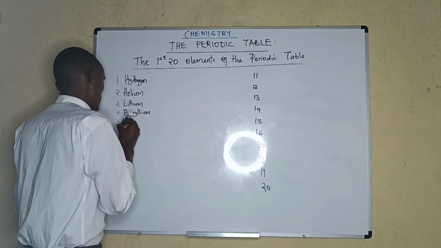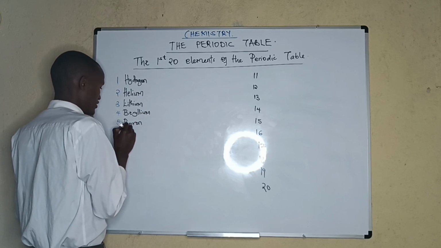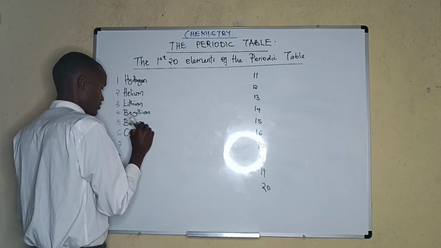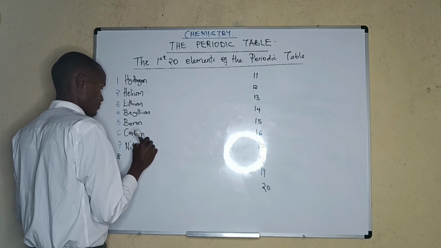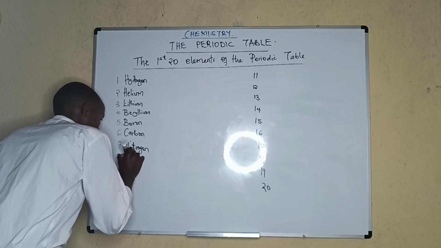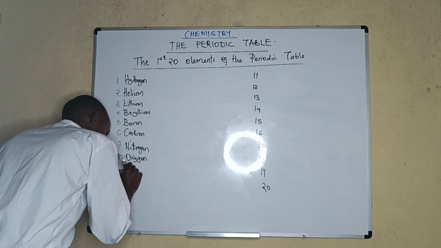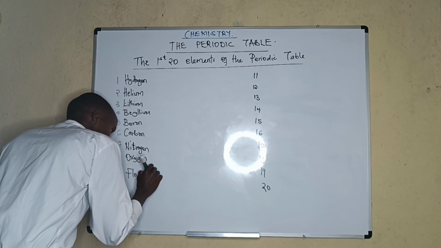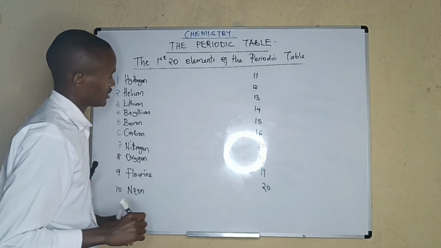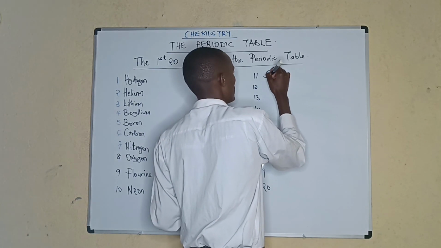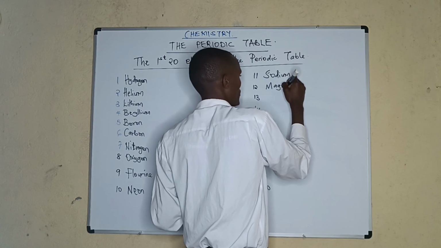Number 5 is boron. 6 is carbon. 7 is nitrogen. 8 is oxygen. 9 is fluorine. 10 is neon. 11 is sodium. 12 we have magnesium.